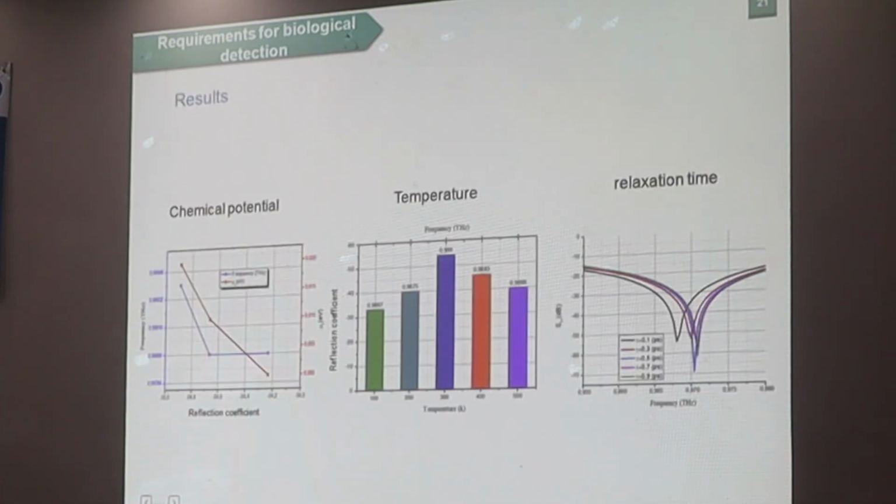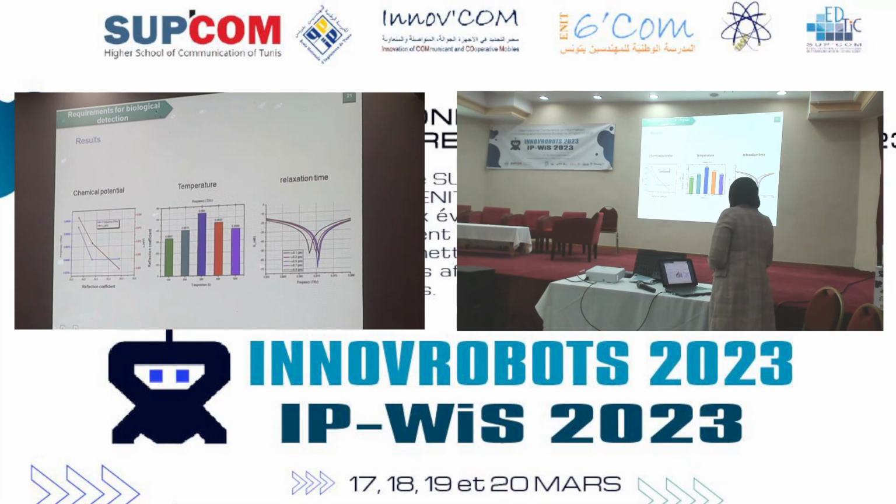Here we find the results. The important thing in graphene is that we don't need to change the material of our prototype, it is just a parametric study of chemical potential, temperature, and relaxation time.